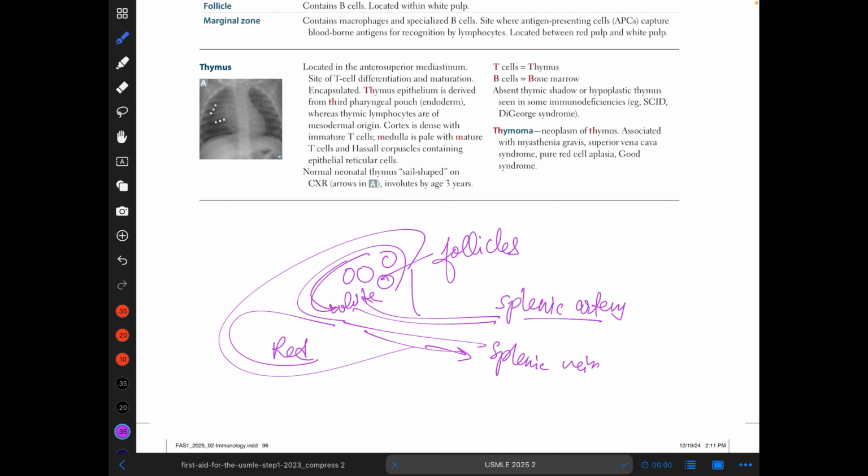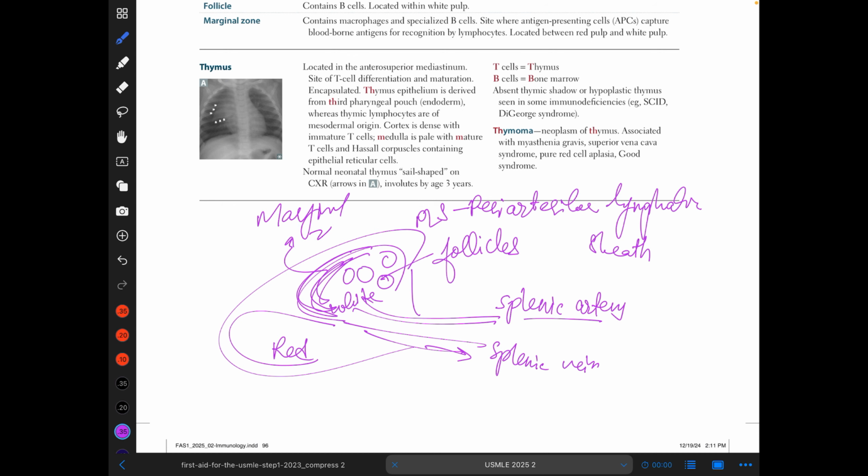Second, there is one structure, PALS, the periarterial lymphatic sheath, and on the margin there is one area called the marginal zone. In the red pulp, the most important thing is sinusoids.